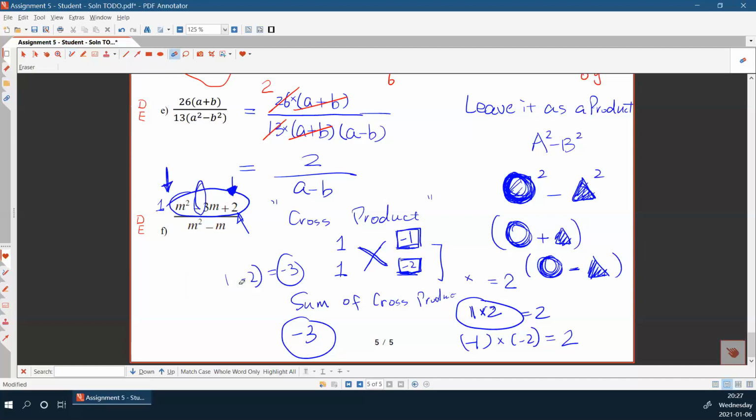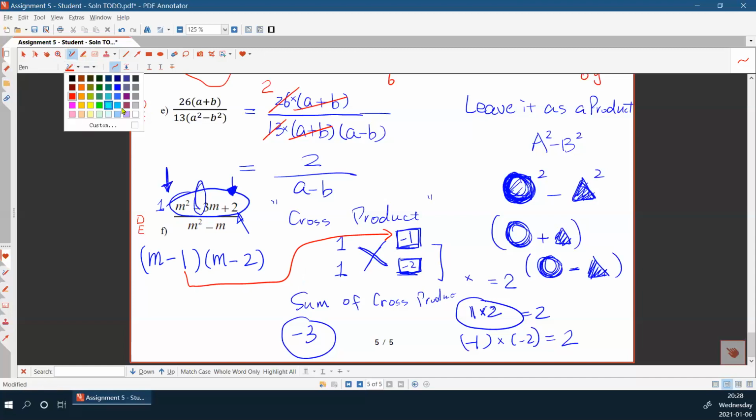Okay, so that means we can factor the expression into m minus 1 times m minus 2, okay? -1 corresponds to the number here, and -2 corresponds to -2 here.